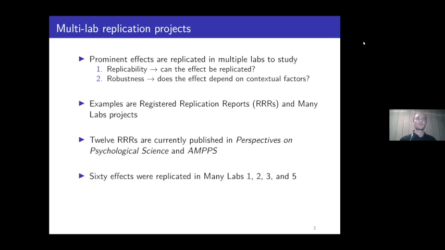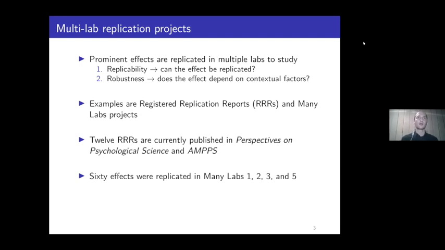The second aim is whether an effect is robust, so does the effect depend on contextual factors? For example, it can be the case that an effect does replicate in the US, but doesn't replicate in Europe.